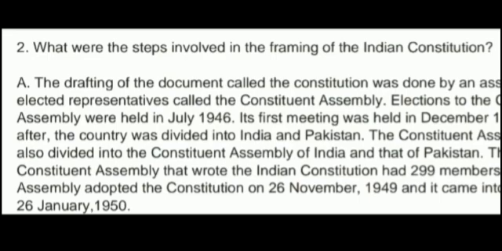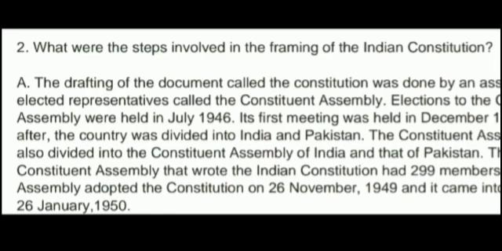Next question: what were the steps involved in the framing of the Indian Constitution? The drafting of the document called the Constitution was done by an assembly of elected representatives called the Constituent Assembly.